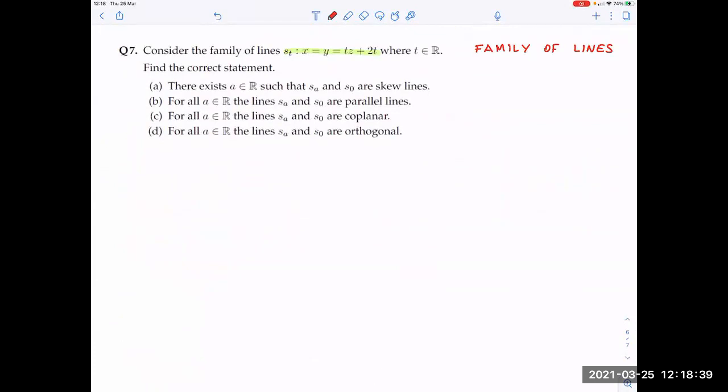And then there are questions about these lines. And you see all the words that appear, skew, parallel, coplanar, orthogonal, they are words you know. So take some time, compute this, and see what is the right answer.